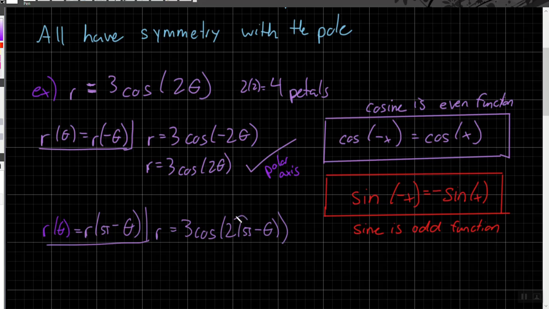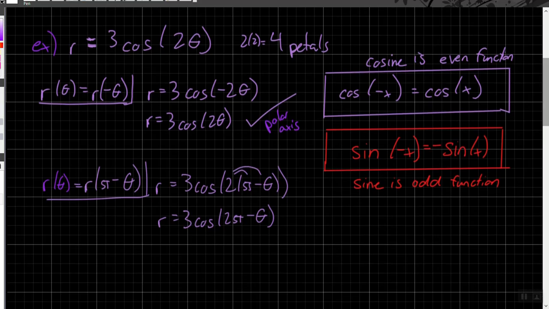Yeah, distribute it out. So I get 3 cosine of 2 pi minus 2 theta. What does 2 pi represent in a circle?